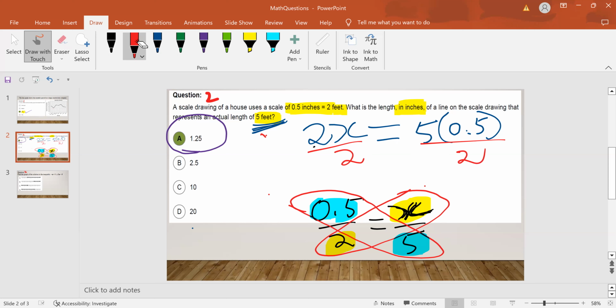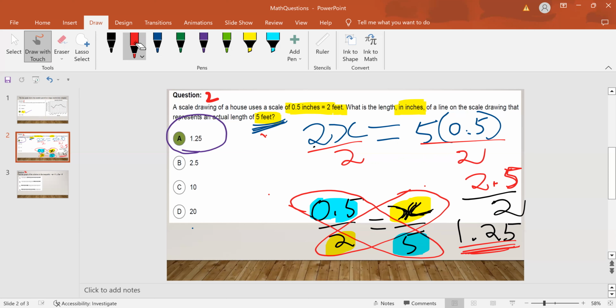So we have 5 multiplied by 0.5, and now divide by 2. If you do 5 multiplied by 0.5, that will give you what? 2.5, and 2.5 divided by 2 gives you 1.25. Let me explain again to make it clear.